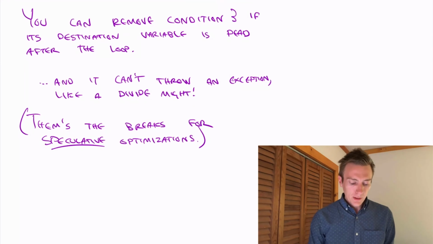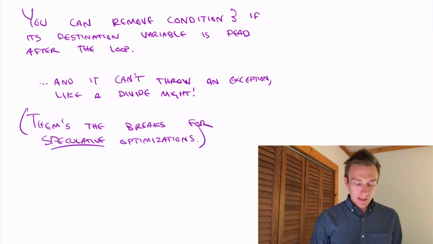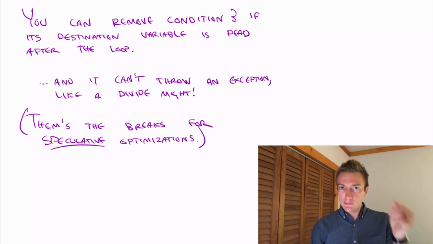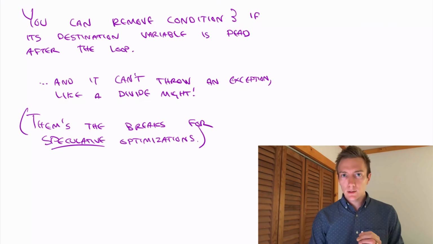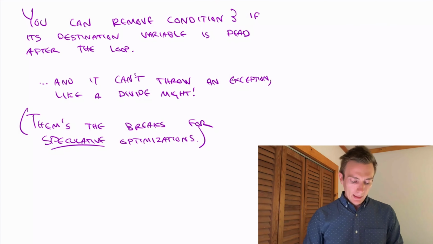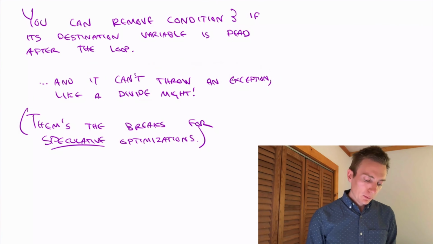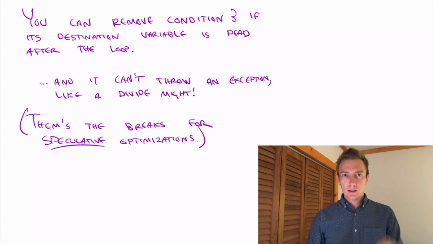That is, if you are sure that the destination variable is dead after the loop, then by assigning to that variable spuriously, even when the loop executes 0 times, you're guaranteed not to be clobbering a variable that somebody else wants. And there's one more thing: you need to be really sure that you can't cause problems by doing needless computation.